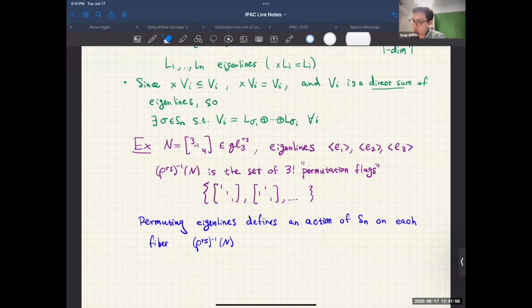Sorry, not n, X, where X is, oh, sorry, maybe I should stick to x for regular semi-simple things and n for nilpotent things. Yeah.